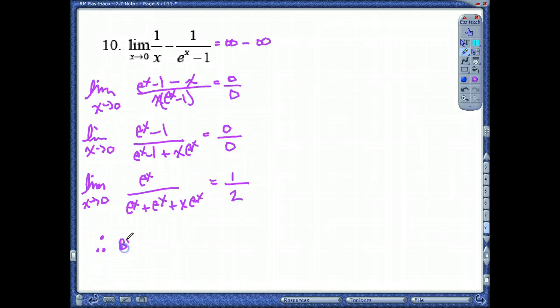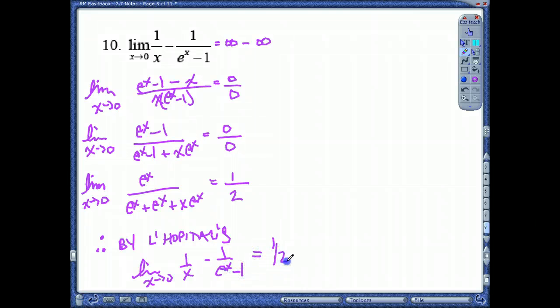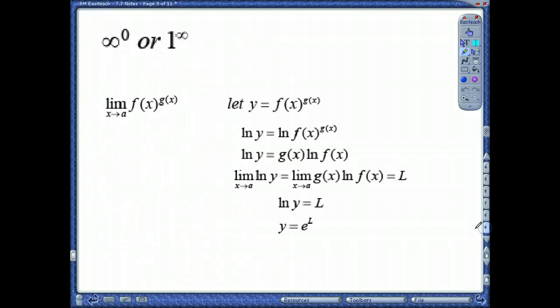Therefore, by L'Hopital's rule, the limit as x approaches 0 of 1 over x minus 1 over e to the x minus 1 also equals 1/2.